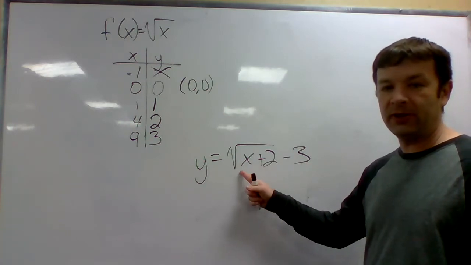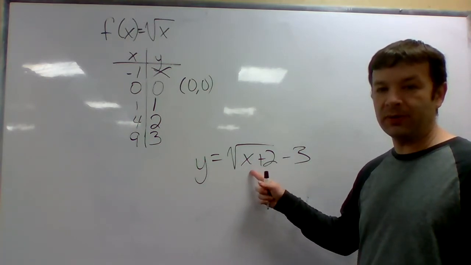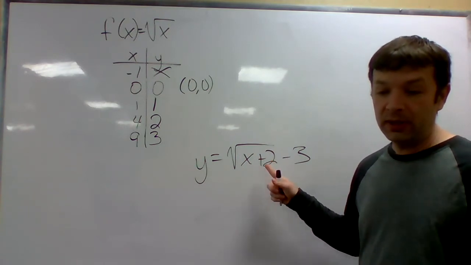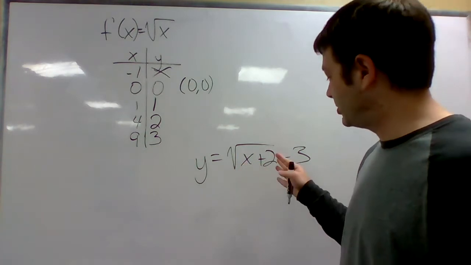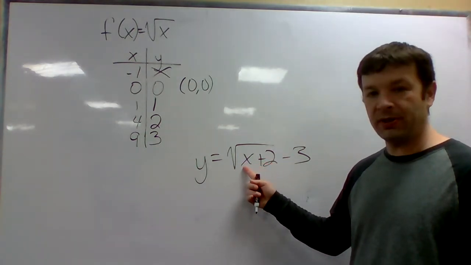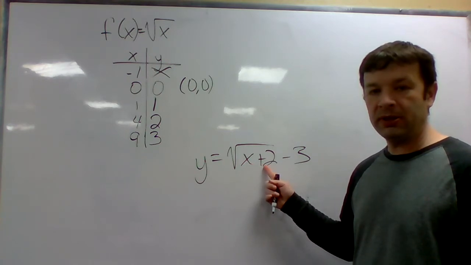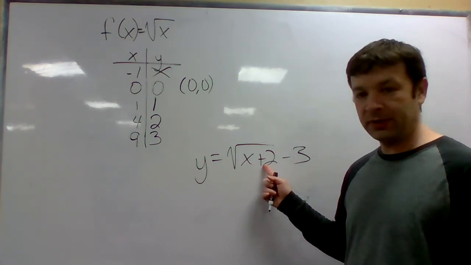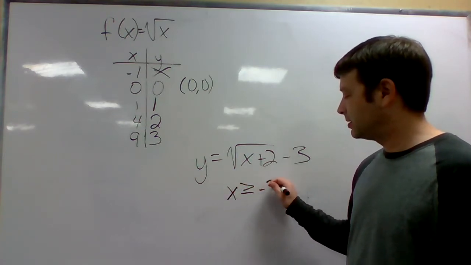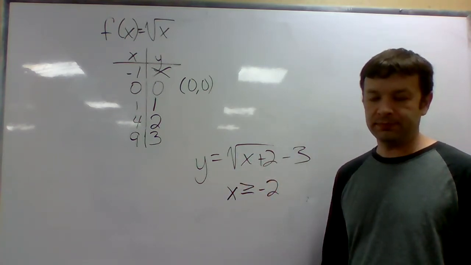It's not going to affect whether there's a negative under the square root. Only this plus 2 is what we have to worry about. So just like number 2, what x value would make this 0? What plus 2 equals 0? -2. So x would have to be at least -2.